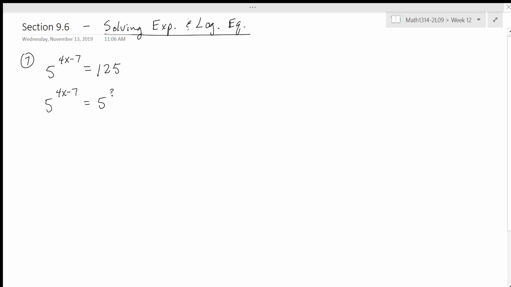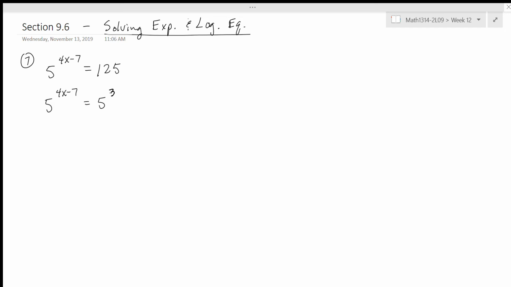So we're going to put a question mark. 5 to the what power is 125? Third. Everybody see what I just did? And now, do the 2 sides have the same base?